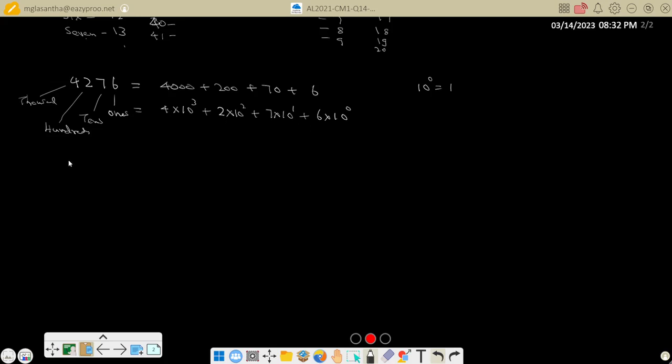For example, how do you expand the number 60215? It is 6 into 10 to the power of 4 plus 0 into 10 to the power of 3 plus 2 into 10 to the power of 2 plus 1 into 10 to the power of 1 plus 5 into 10 to the power of 0.